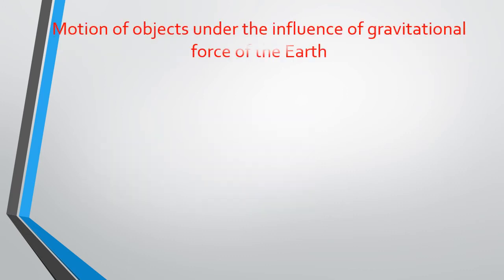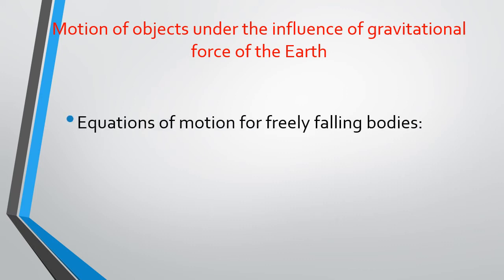Next, I am going to explain the motion of objects under the influence of gravitational force of the Earth. We have learned that all bodies, big or small, hollow or solid, fall towards Earth with a constant acceleration due to gravitational pull of Earth.